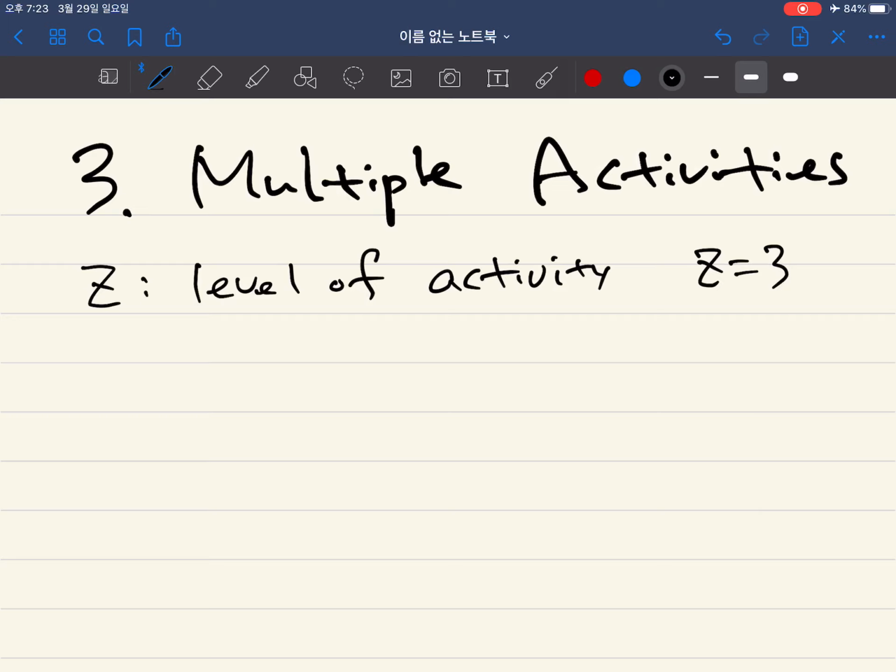So then why does injurer engage in level of activity? Because it's gonna generate benefit. So we're gonna think about benefit function B(Z). So B(Z) represents benefit from activity.